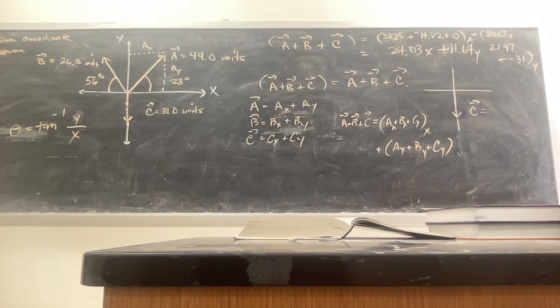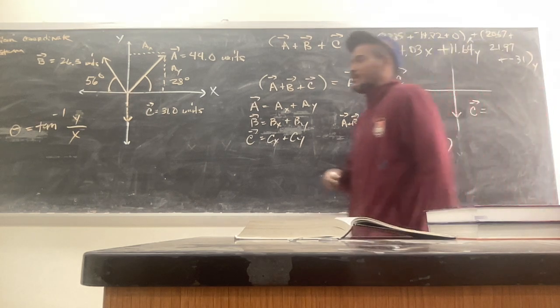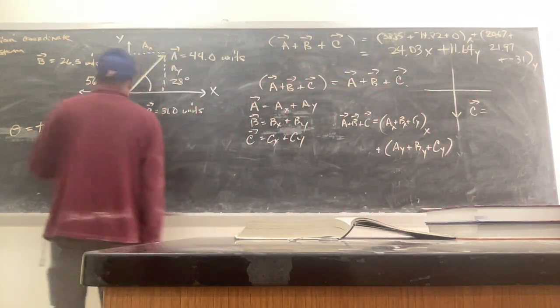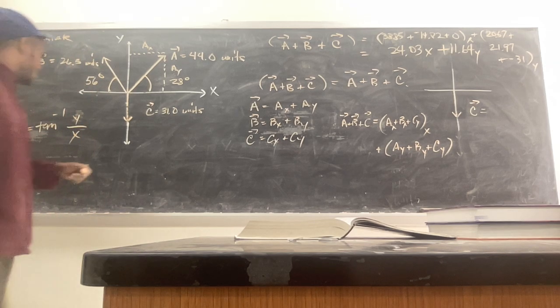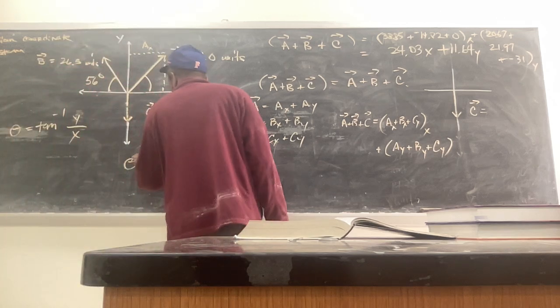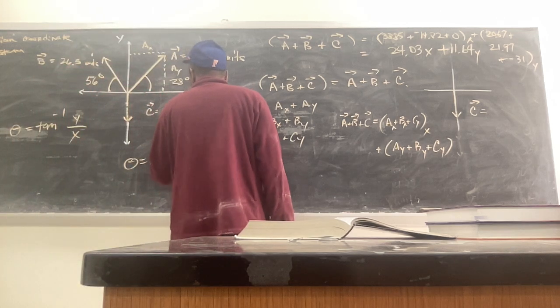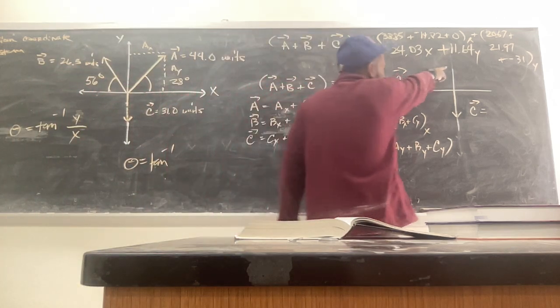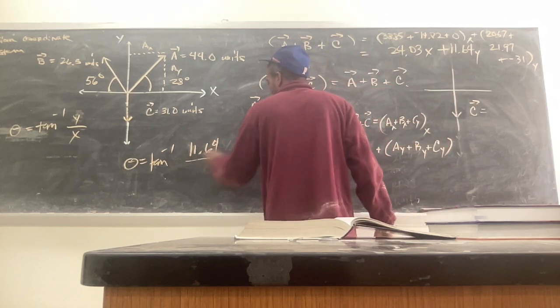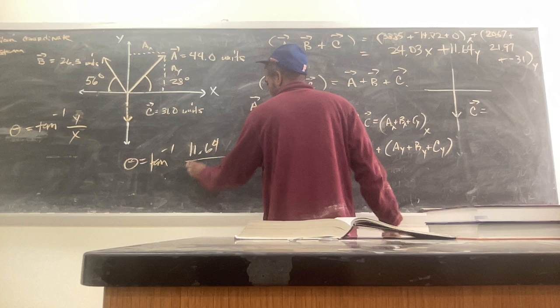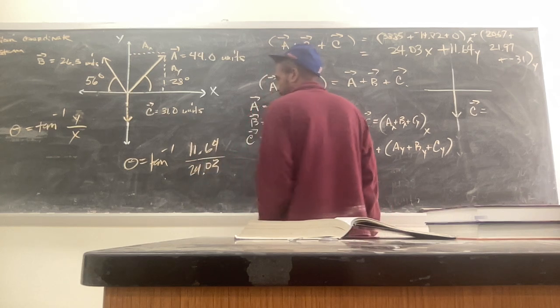So how do we determine the direction of the vector? Inverse tangent y over x. So how do we do that? It's going to be the inverse tangent of 11.64 over 24.03.